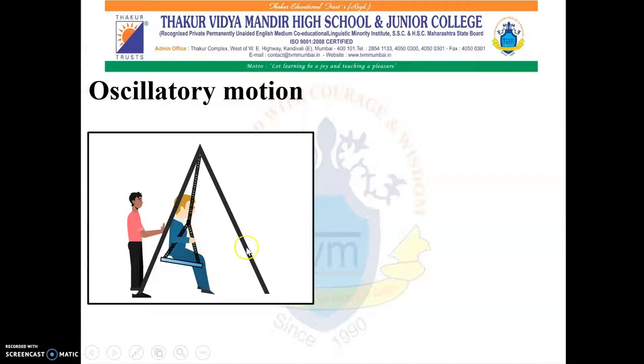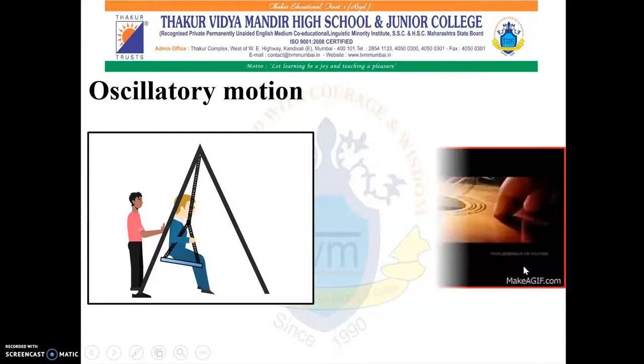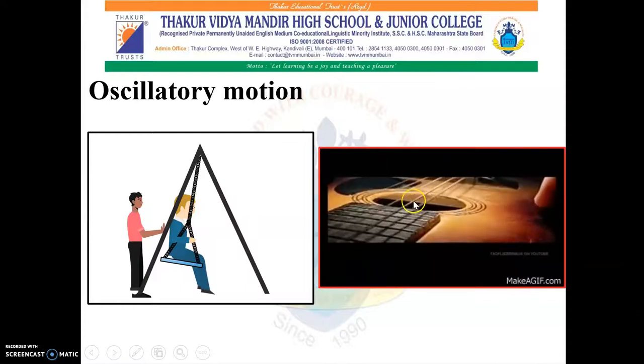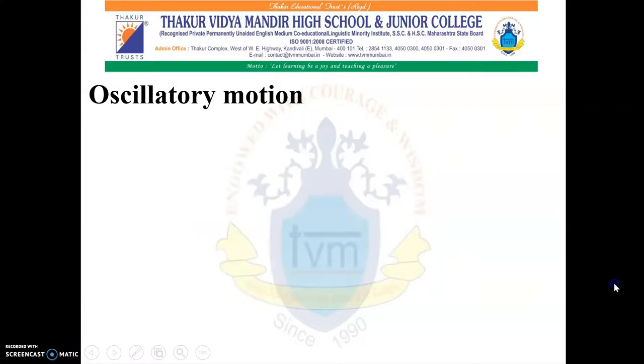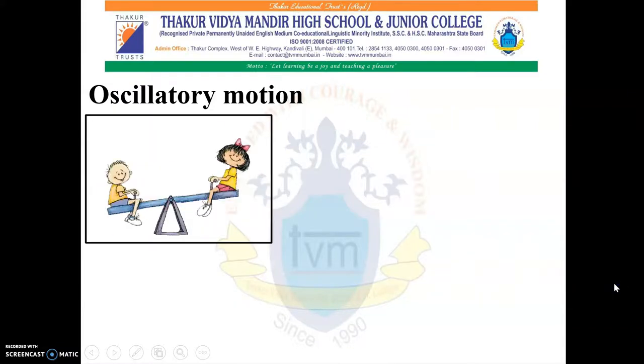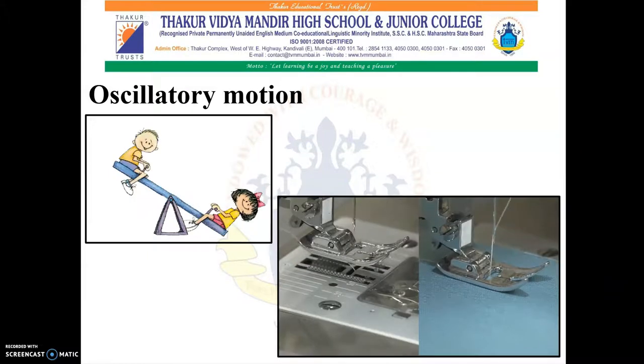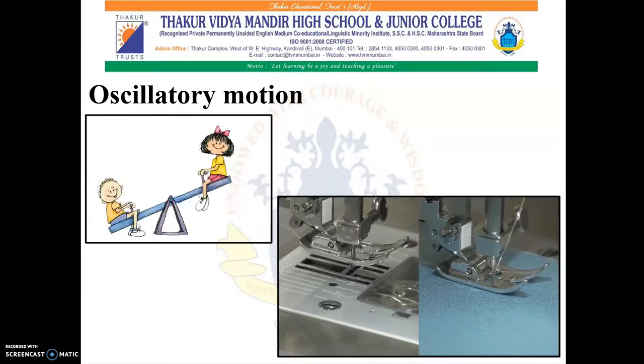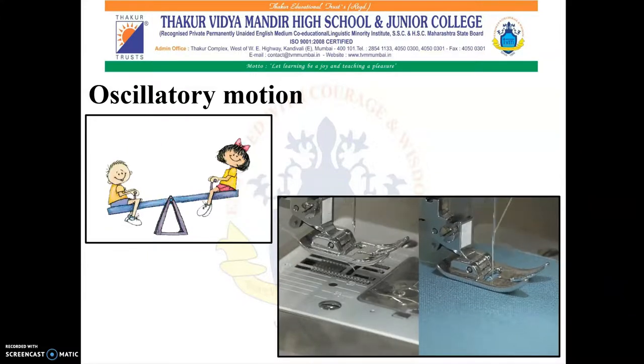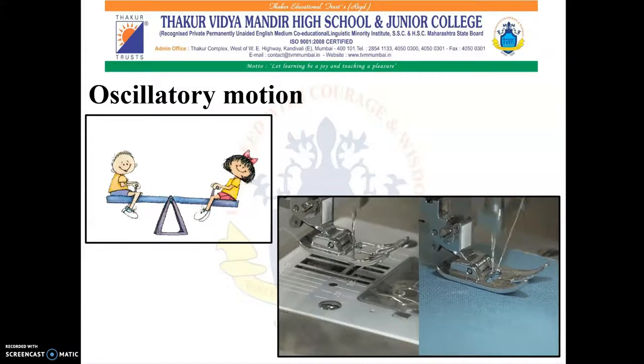Here the motion of the person on a swing is oscillatory motion. The vibration of strings of a guitar also shows oscillatory motion. The motion of a seesaw as well as the needle of the sewing machine shows oscillatory motion.